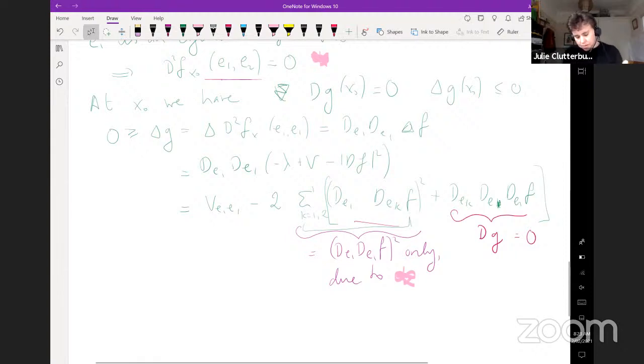Okay, so this has told us that at this maximum point, we've got this inequality for G. This is G here. So we've got D2F at X naught, this is G squared.